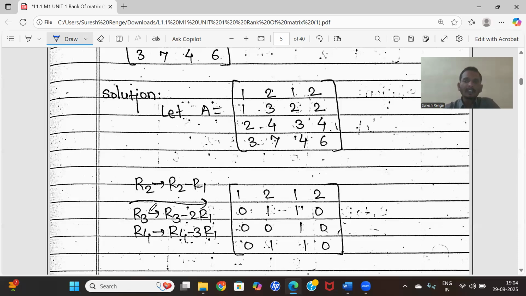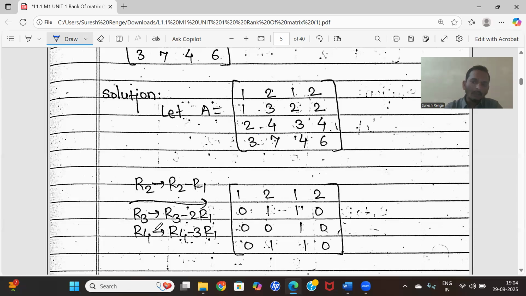Now apply the operation on R3: R3 minus 2 times R1. 2 minus 2 is equal to 0, 4 minus 4 is equal to 0, 3 minus 2 is equal to 1, and 4 minus 4 is equal to 0. This is row number R3.